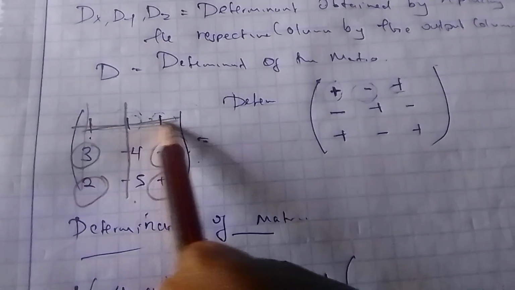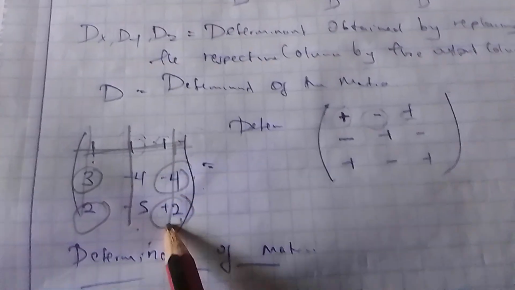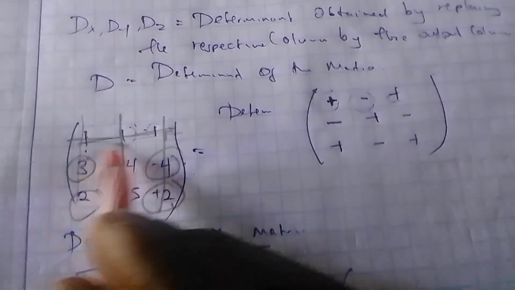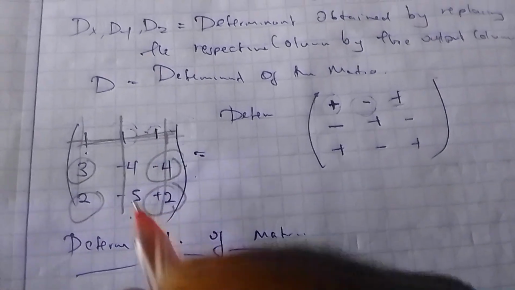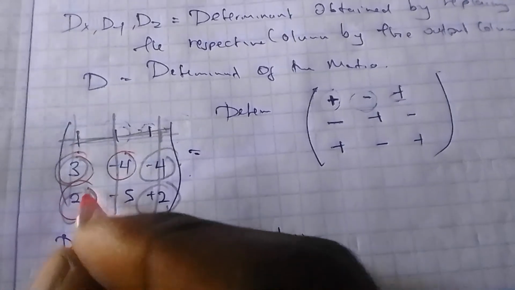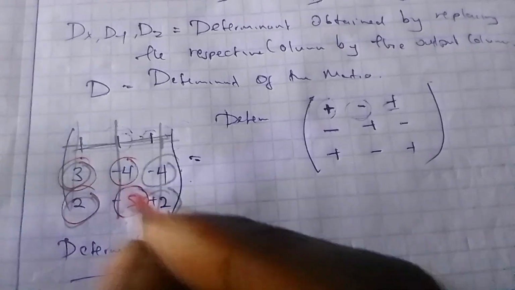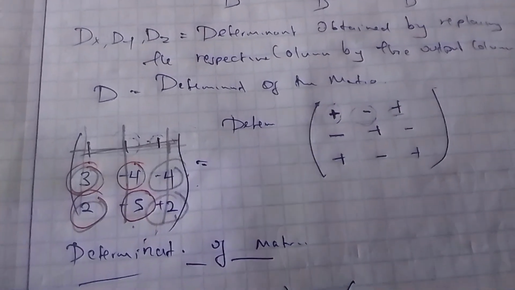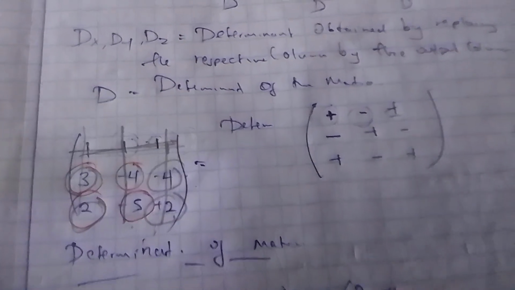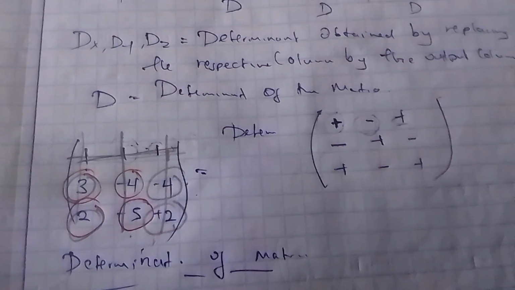I block that row and column, and I remain with 3, -4, 2, -5.